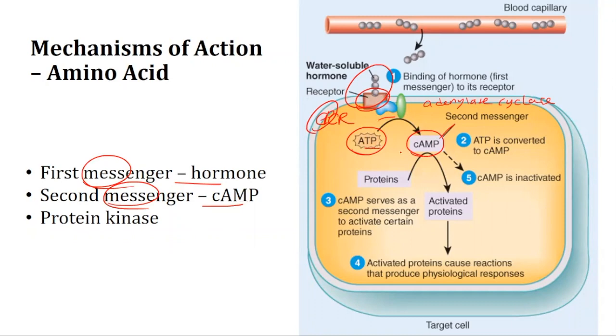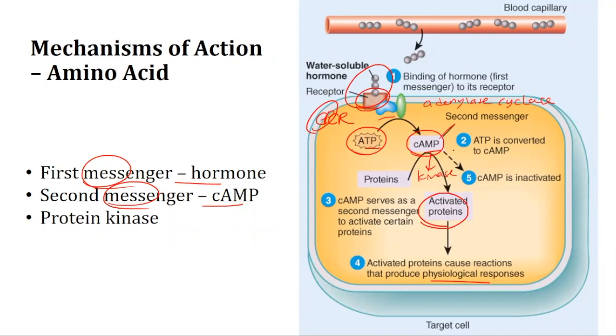So triphosphate is converted into monophosphate, and cAMP is going to activate an enzyme called kinase, which is capable of phosphorylating proteins. Depending on what protein it phosphorylates, it can either inhibit or activate the protein. So in this case, you can see the activated protein. These activated proteins are going to cause reactions that produce physiological responses.